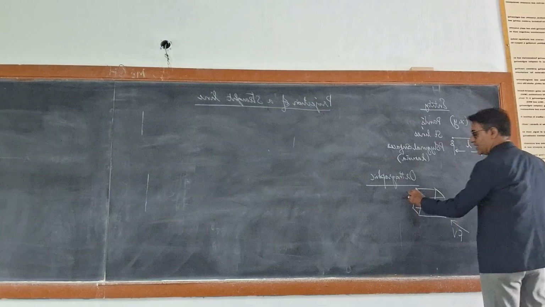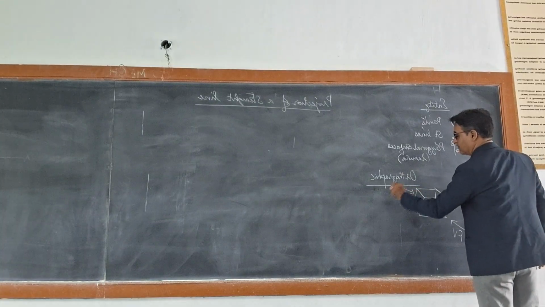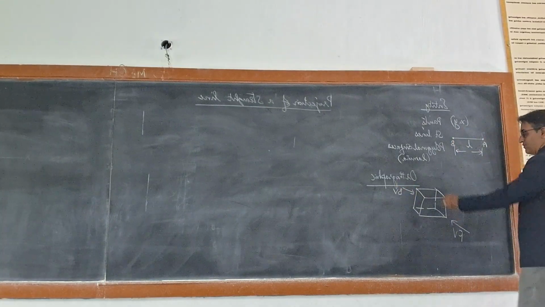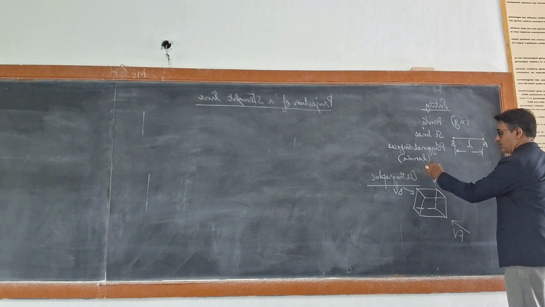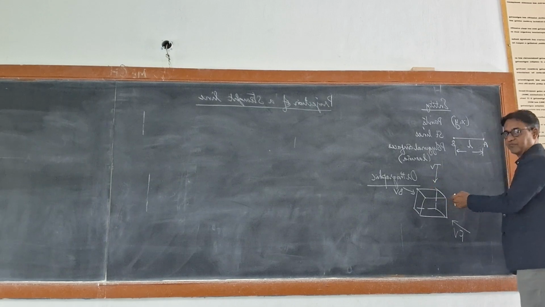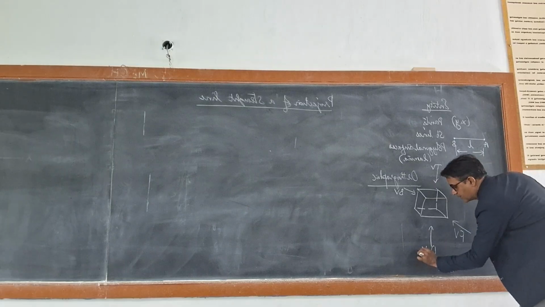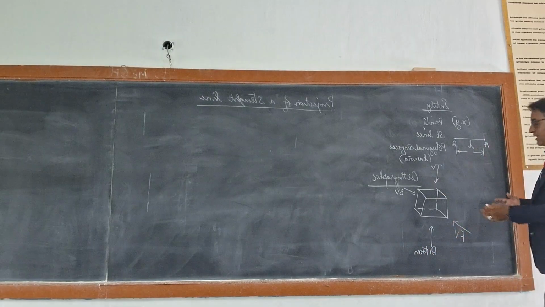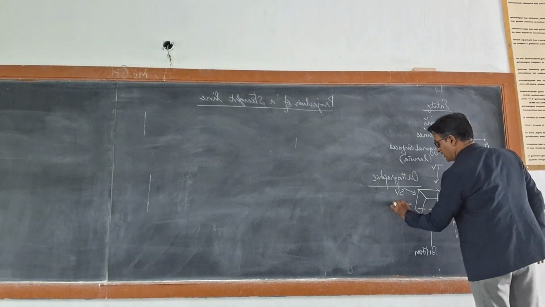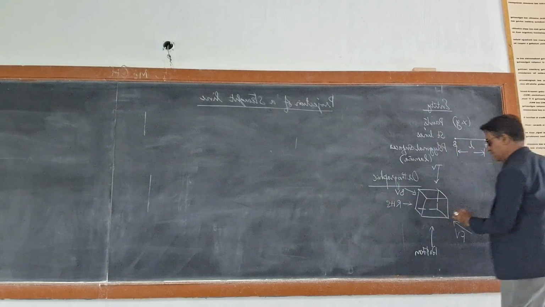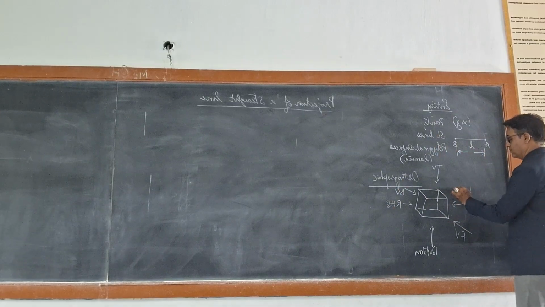Similarly, opposite to the front view will be the back view. And apart from that, you have a top view. From top, you observe the object, and also from the bottom. So there are 4, and added to that, you have the right hand side view, then you have the left hand side.